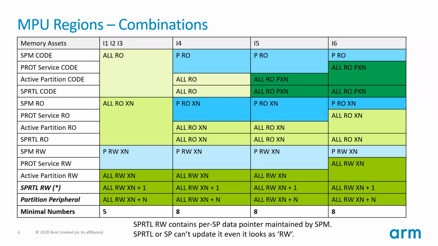Well, without PXN, the active partition code can't be XN. So if it does an SVC, or you take an interrupt and you're now running in SPM state, then it's possible to still execute that without PXN. Yeah.